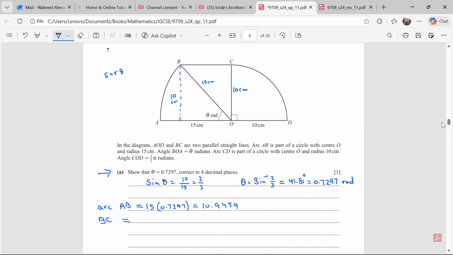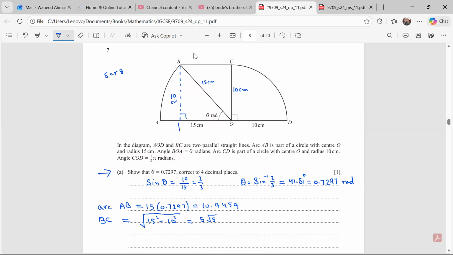You can see that BC is the same as this length, from here to here. This is a right angle triangle, so BC can be found using the Pythagoras theorem. It's 15 squared minus 10 squared. This length is 15, this length is 10, and this is 90 degrees. So this comes out to be 5 root 5.